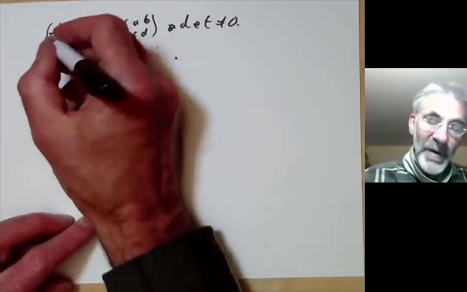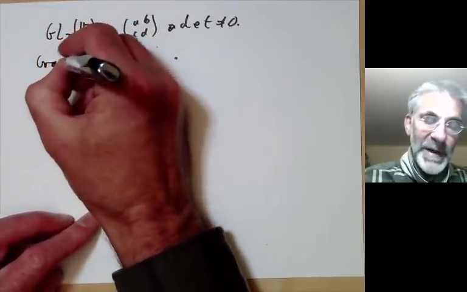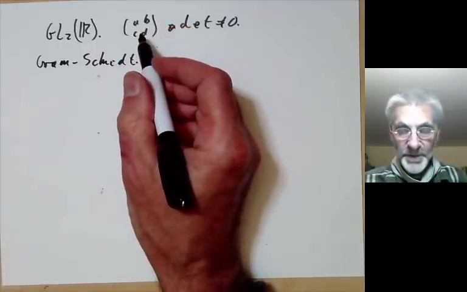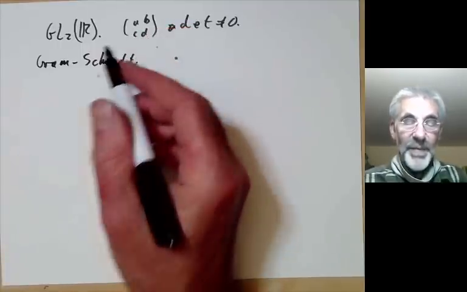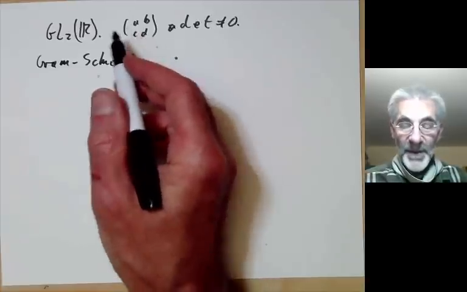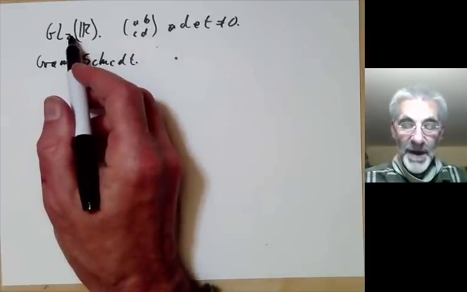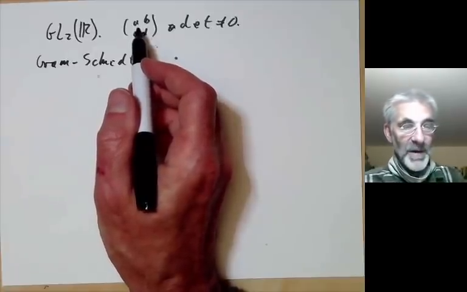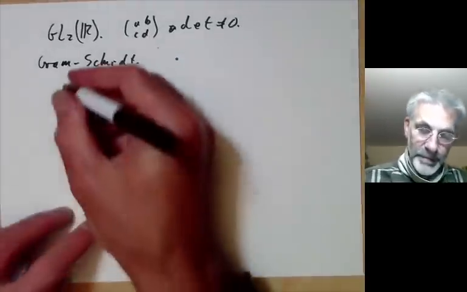And to simplify GL2, you remember the Gram-Schmidt process, which says that if you've got a pair of linearly independent vectors in 2-dimensional space, you can orthogonalize them.